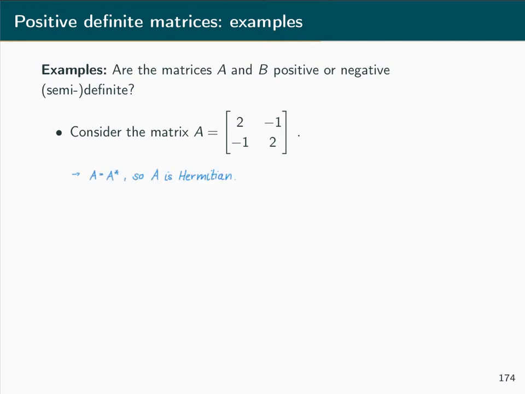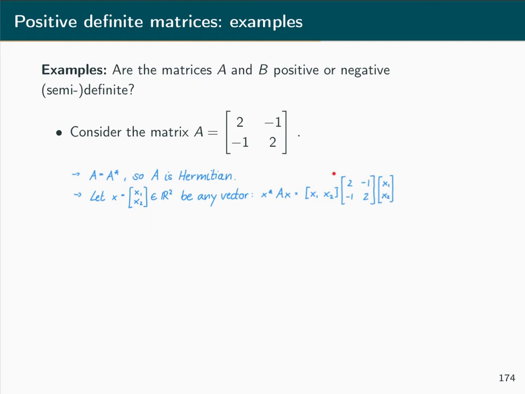And in this case, we see that A is a real matrix and it's symmetric, so therefore A is also Hermitian. Then we take any two-dimensional vector x with the elements x1 and x2, and we multiply A from the left with x star and from the right with x.